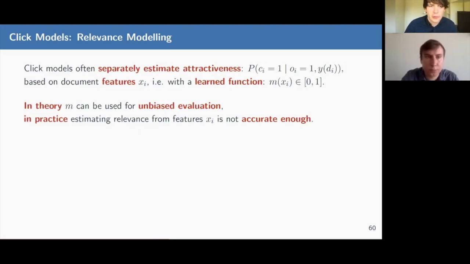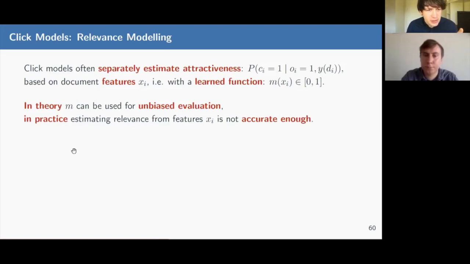So you'll have some learned function, let's call it M, that gives you the probability of something being clicked or not. This is basically a relevance function, as we've seen before. In theory, you can use this function for unbiased evaluation, since we've learned the unbiased probability that we want to know. But in practice, this didn't work. Click models for evaluation have never really taken off. I'm not necessarily saying that they can't be used or should never be used, but in practice we see that they're not being used that well.